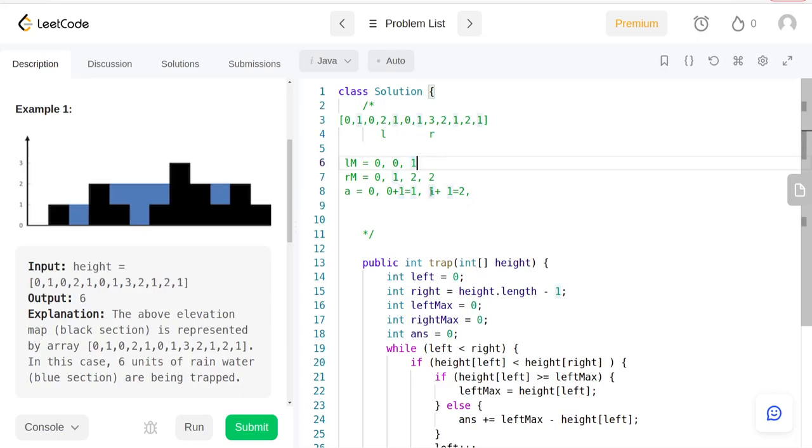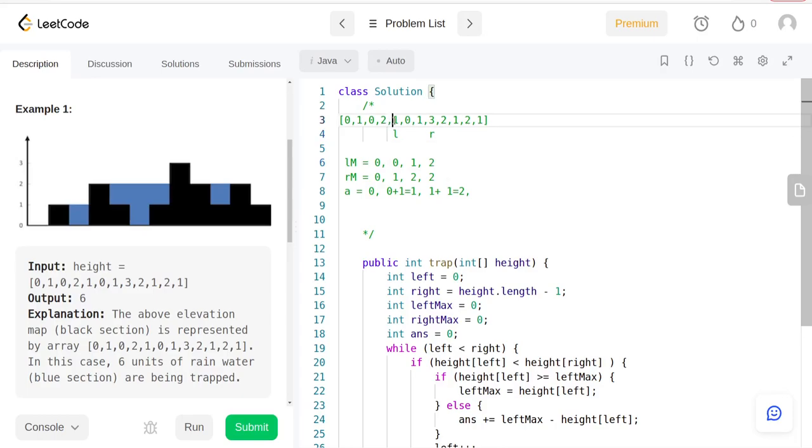So basically, is this height greater than or equal to the left max? Yes, the height is greater than that, so all you need to do is to update that and then increment it.